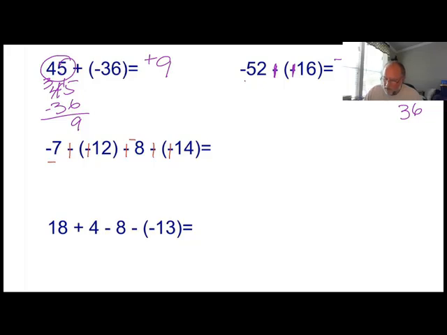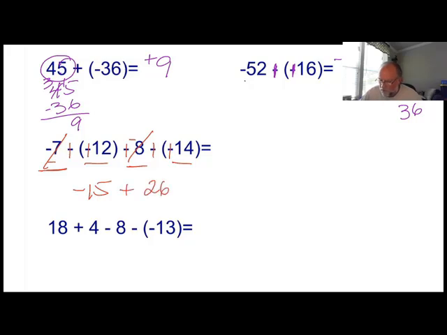My negative 7 has a negative 8 that can go with it. If I put the 8 and the 7 together, I end up with negative 15. Now my 12 and my 14 are both positive, so I can put those together: 12 plus 14 gives me 26.